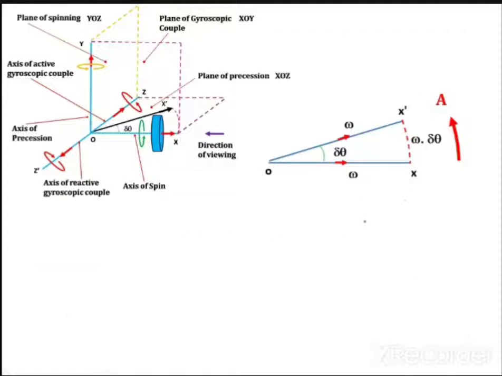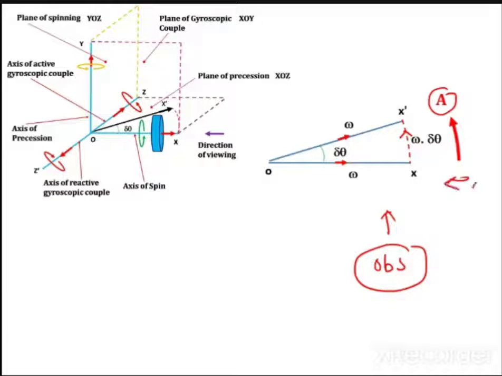Your arrow is x to x dash. If I bring my observer here, my arrow is like this, x to x dash. So this A is nothing but the active gyroscopic couple which is away from the observer. Now tell me, will this couple be clockwise or anti-clockwise? See, my observer is here.